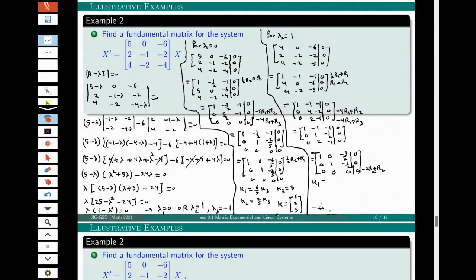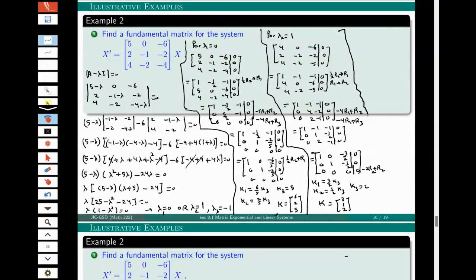This means K1 is equal to 3 over 2 K3, and K2 is half K3, so our eigenvector, when we choose K3 to be 2, will be K1 is 3, K2 is 1, K3 is 2.